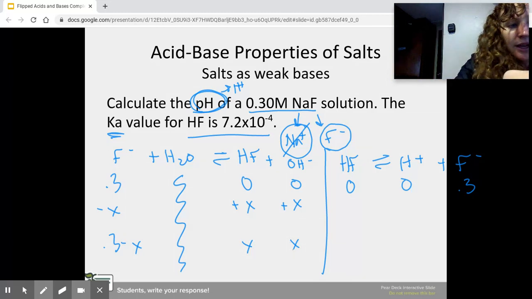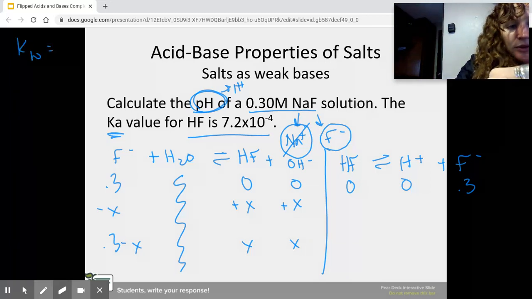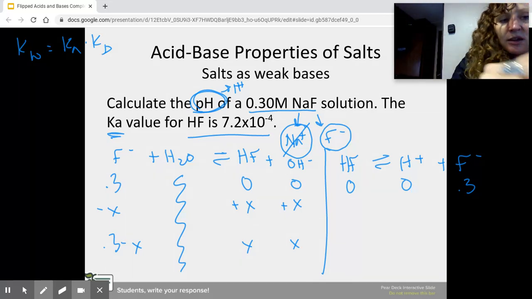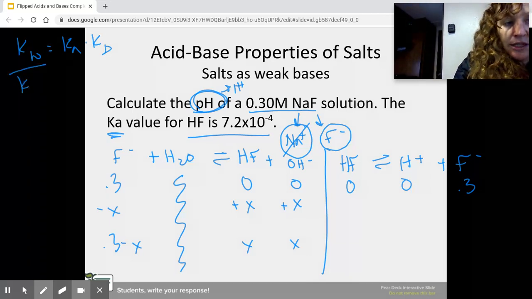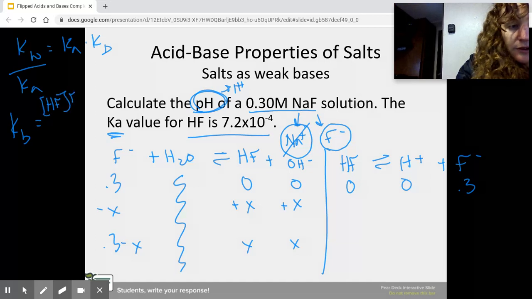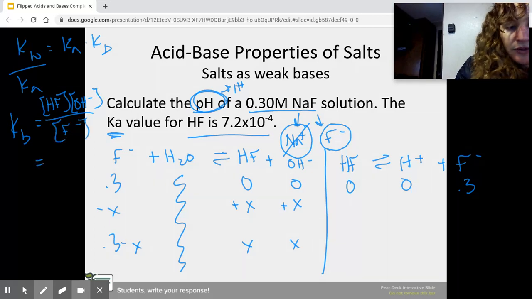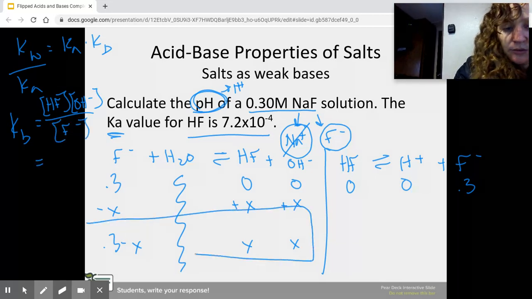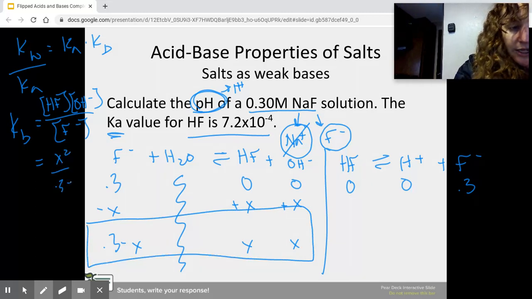So Kw is equal to Ka times Kb. So to find the Kb, I take Kw and divide it by the Ka. And then I get the Kb, which is equal to HF, OH minus, F minus, which is, if I plug in my equilibrium positions here, I get x squared over 0.3 minus x.